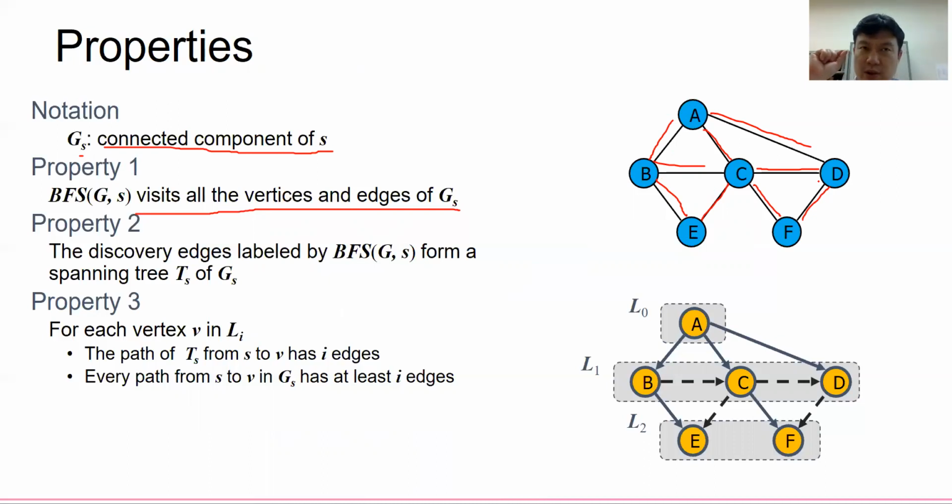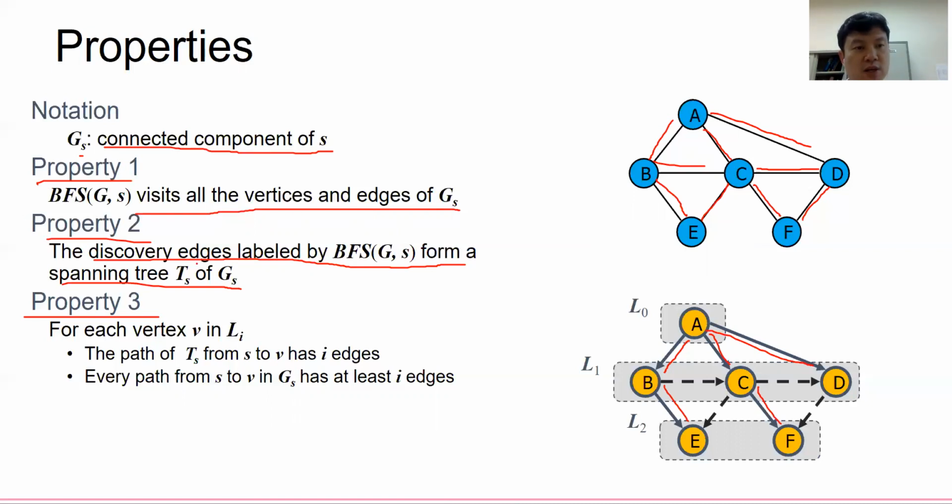We have the label, yeah, discover and cross. Okay, the discovery edges labeled by BFS GS form a spanning tree. Okay, so this is spanning tree. So this is the spanning tree. And after we have the spanning tree, then you can like just do with another algorithm to visit the nodes, for example. And the property, okay, the property 1 means I visit all the vertices and edges.